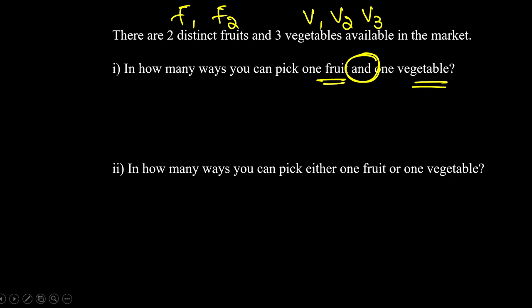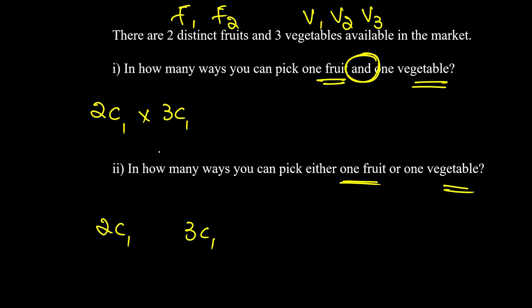Here, how many fruits are there? 2. How many vegetables are there? 3. Among 2 fruits, we need to select 1, because they said 1 fruit. Among 3 vegetables, you need to select 1. Here also 1 fruit, 1 vegetable: 2C1, 3C1.